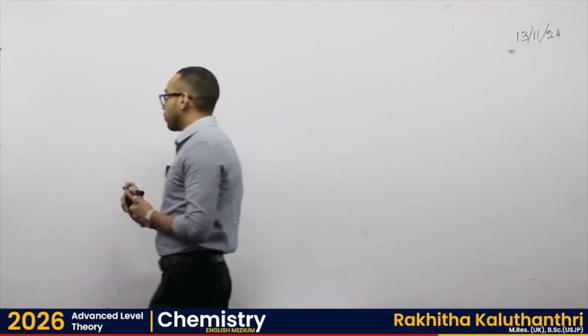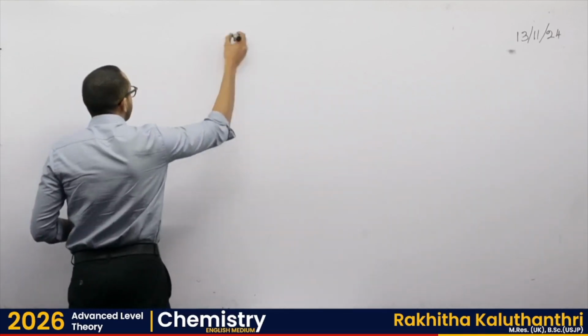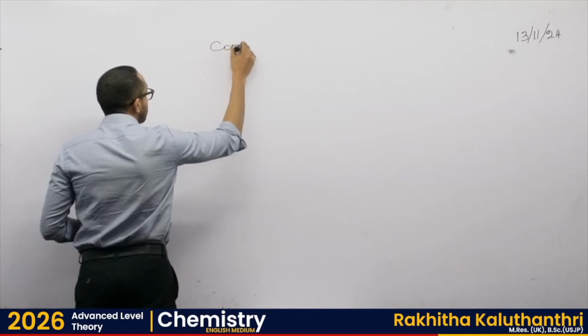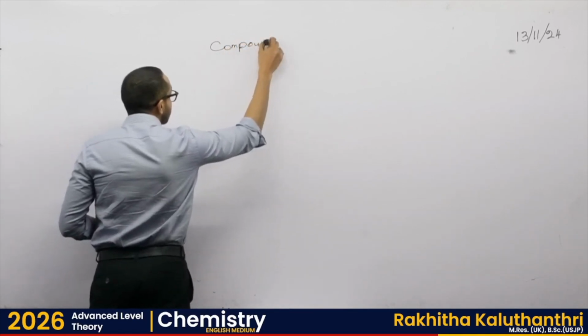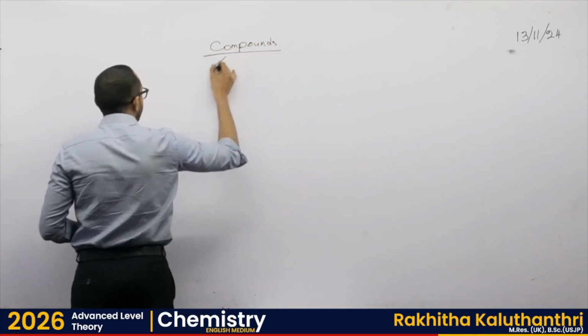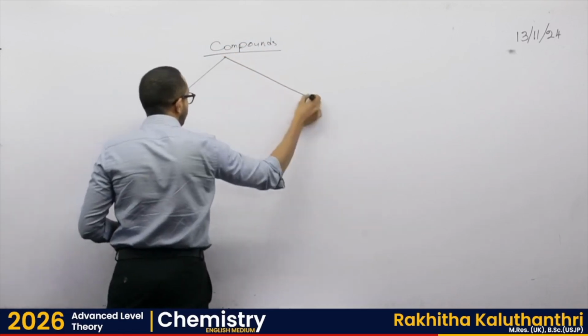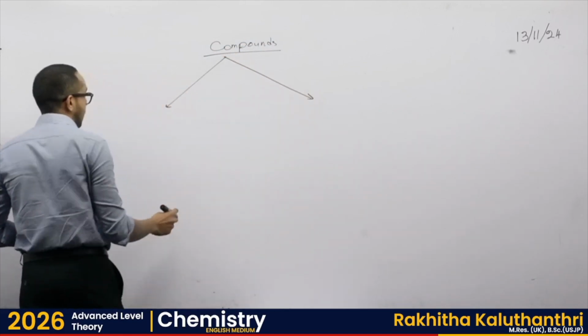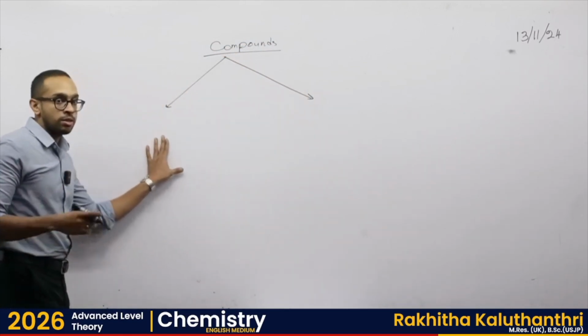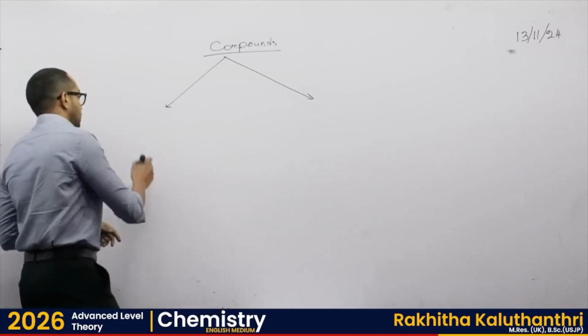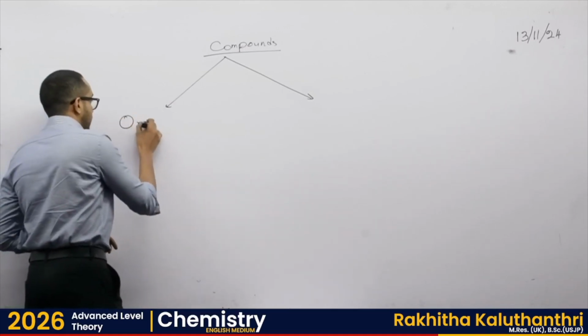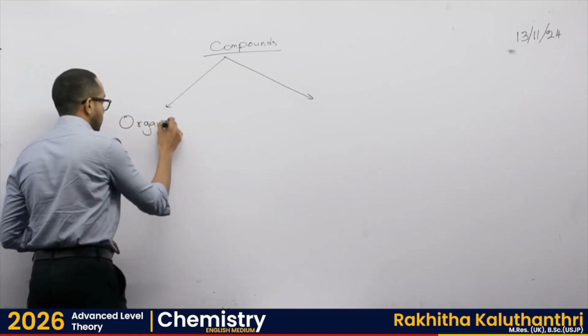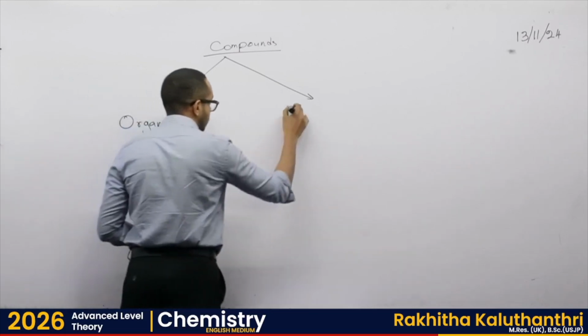So now when naming, let's say when naming compounds, we have mainly 2 different types of compounds. Actually we have categorized for the ease of naming them. One is referred to as organic compounds, organic, the other one is inorganic.